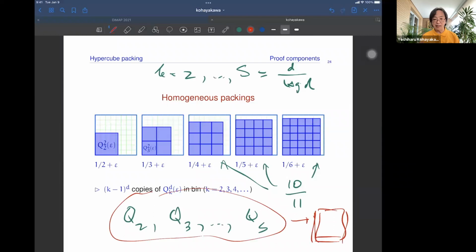This is a little bit surprising, because if you think of these homogeneous packings, it looks like they have good occupancy, right? So this one here is quite a lot. If you just remove 1 over 11 of these things, they don't seem to fit in one unit cube, just because you don't have enough area in one bin.